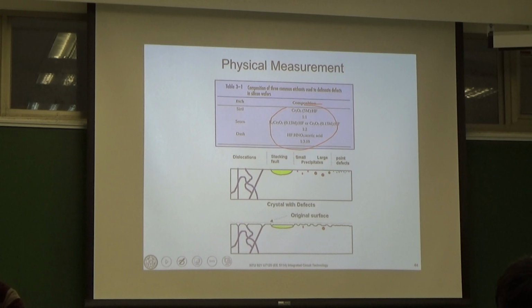If you have a stacking fault here, a dislocation here, or some precipitate or point defect here, once you dip your wafers into these etchants, they will create different shapes, like a circle or dash. Then you can judge from your surface topography and all those profiles, and easily identify them. Here we have a stacking fault, here we have a dislocation, and here we have another defect. These are some physical etching experiments that we can do.